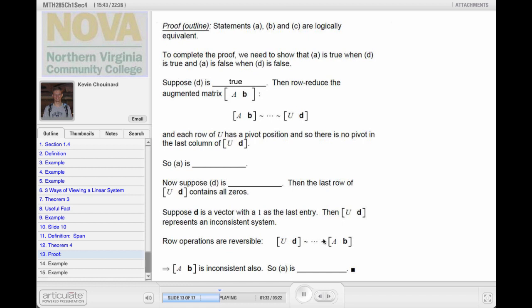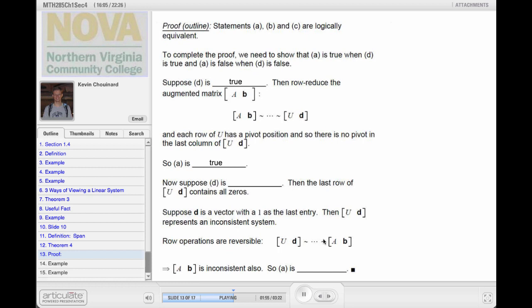If all the pivot positions are in U, then there is not a pivot in d, and if there's no pivot position in d, that's a good thing, because now you know that your matrix system is going to have a solution. And so A, as it turns out, then would have to be true.